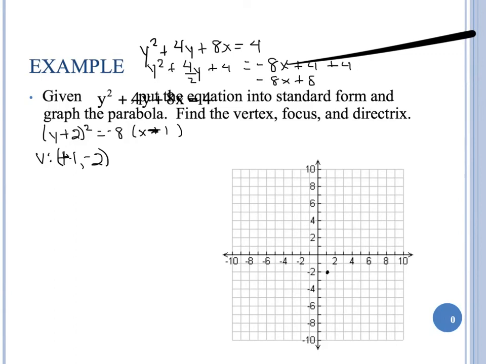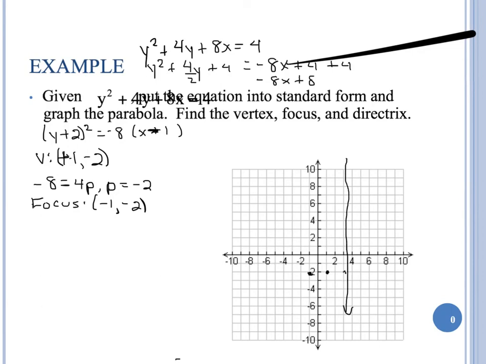I have negative 8 as my 4p value. So p equals negative 2, which means from my vertex I am going to the left 2. So my focus is at negative 1, negative 2. And my directrix, I'm going to go 2 in the other direction, is actually a vertical line.